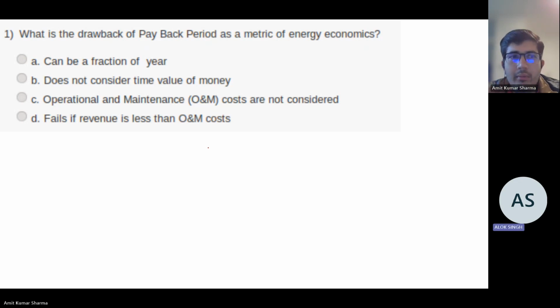Sir, actually we have an exam on 28 October of energy conservation and waste recovery, and we are afraid of how to approach that examination. The examination pattern has been changed, and some fill in the blanks will also come. So it will be very good for you to join the session, because I will discuss different types of questions, including fill in the blanks and match the following.